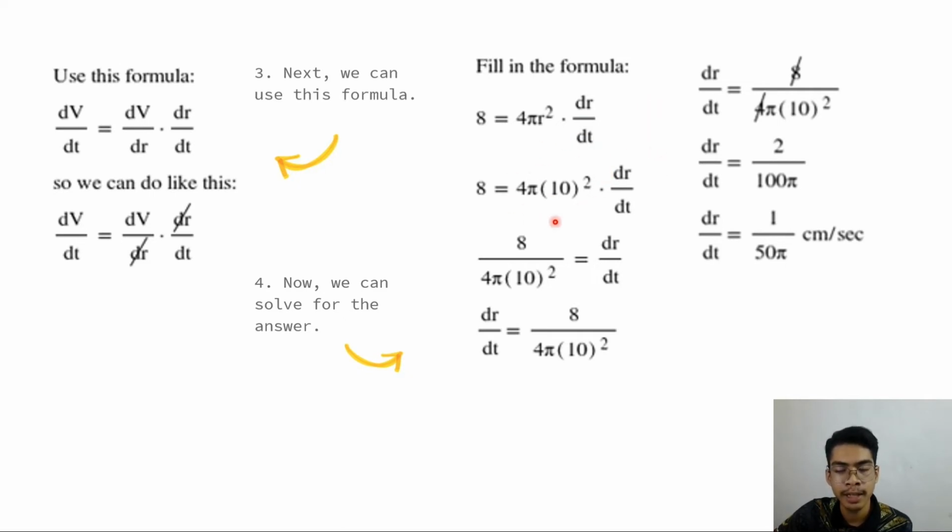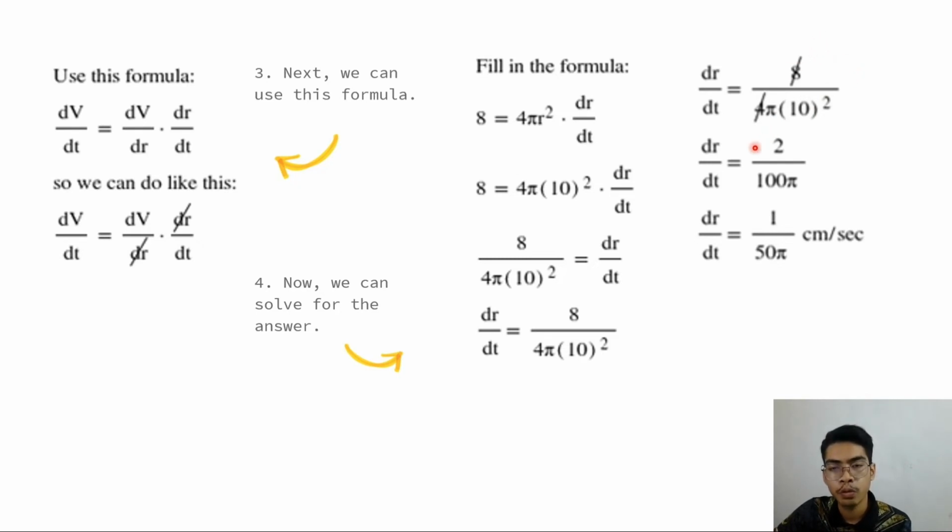We have 10 because the value of the radius is 10 cm. Then we rearrange the formula and we get dr over dt equals 8 divided by 4 pi 10 squared.